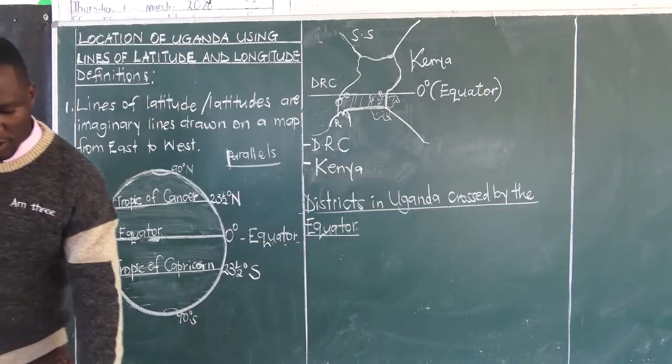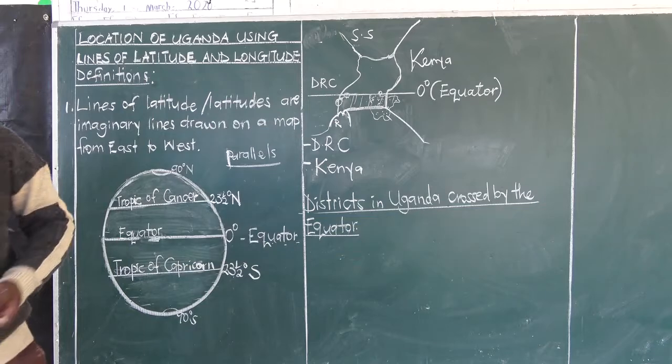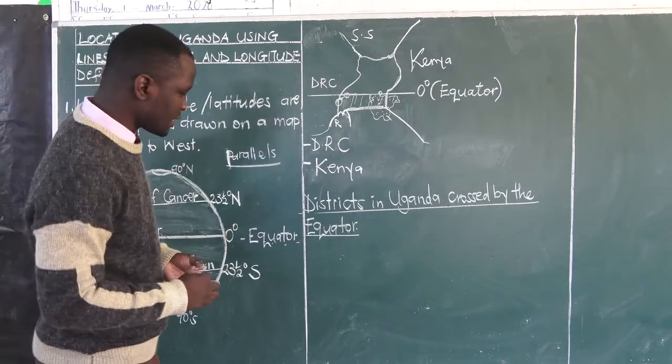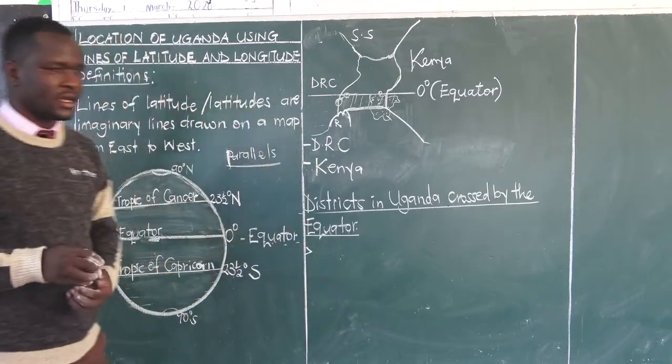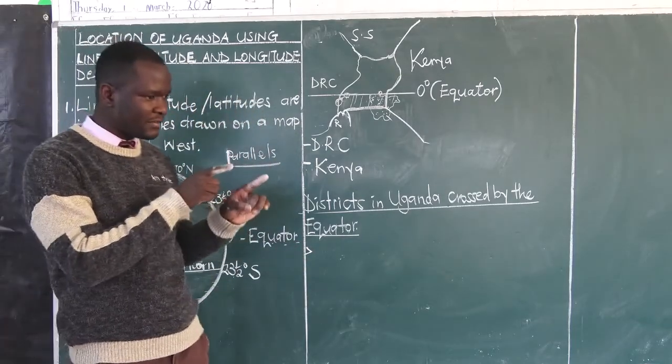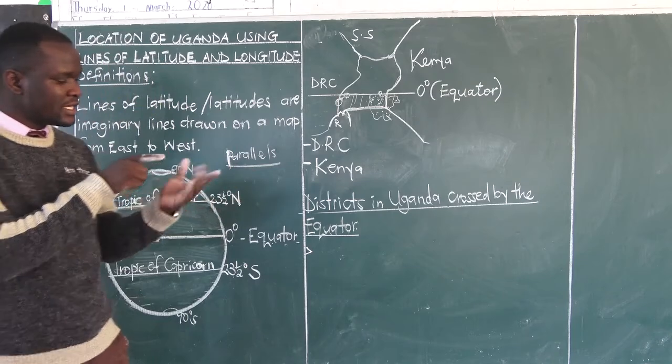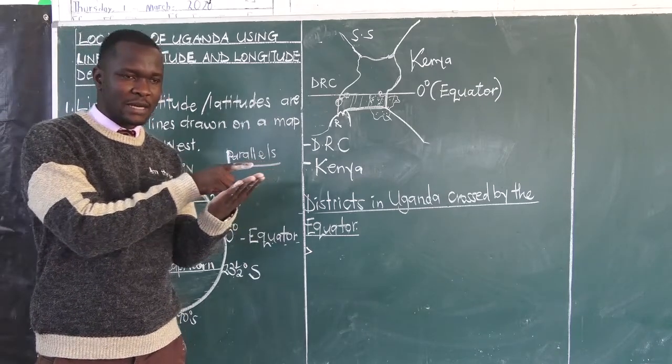So I believe all of us have our atlas books. When you open your atlas book, you will locate these countries. You look at the map of Uganda, then you look at where the equator passes.